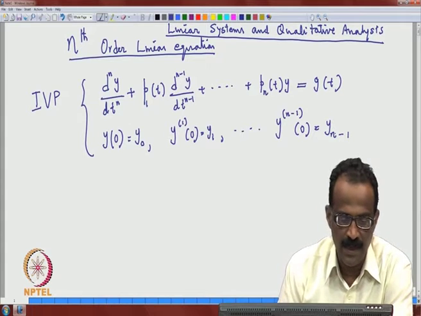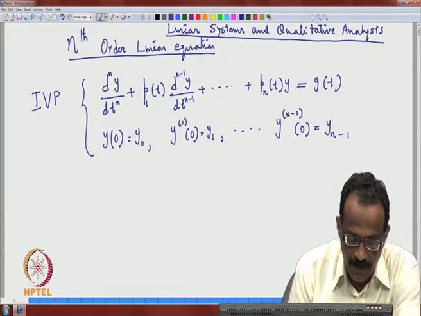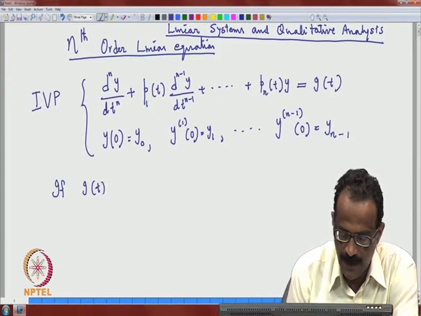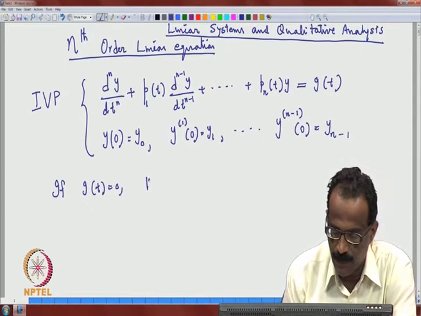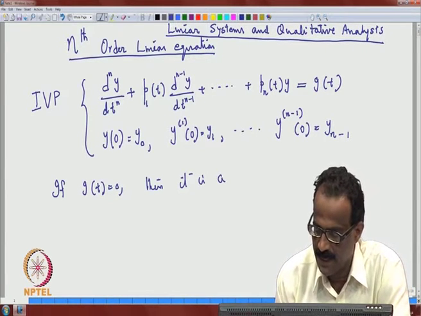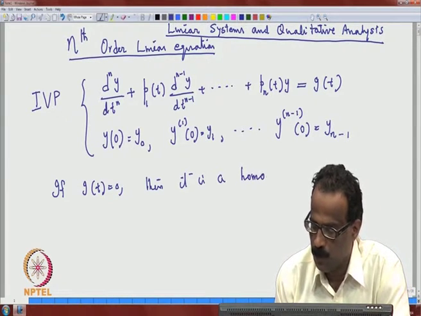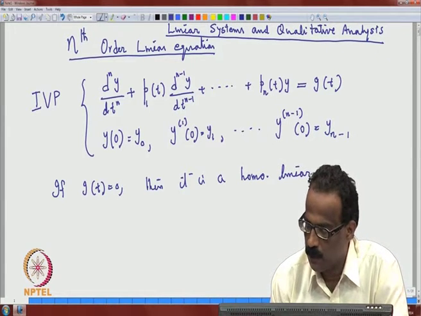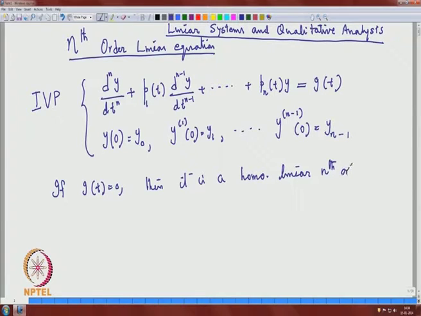So that is an initial value problem. If g(t) equal to 0, then it is called a homogeneous linear nth order equation.